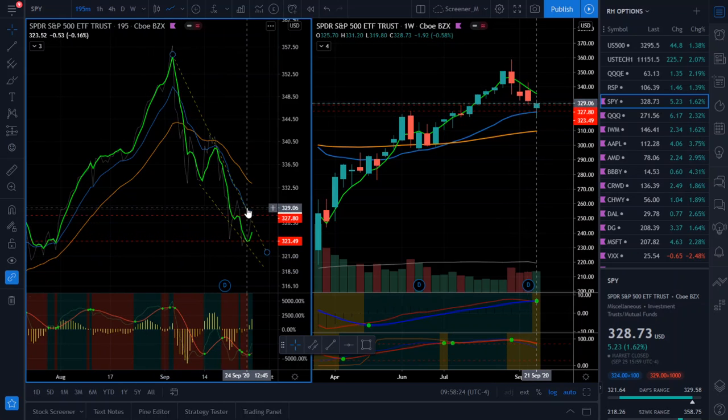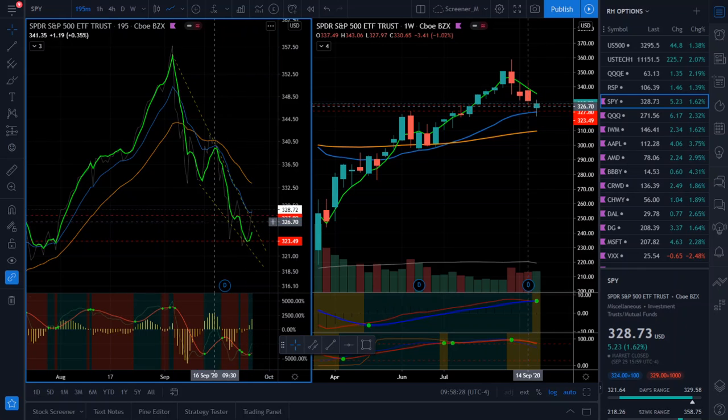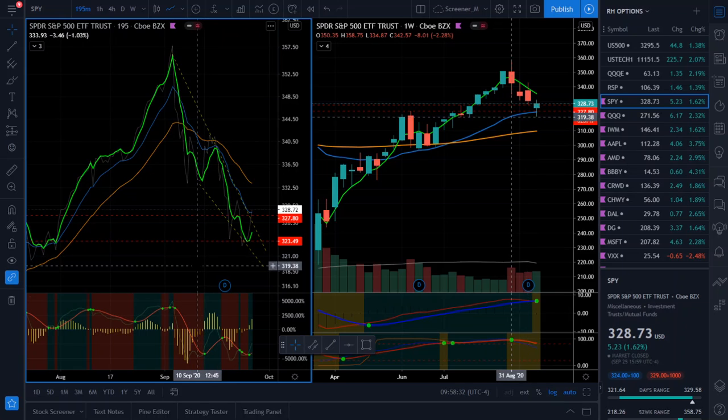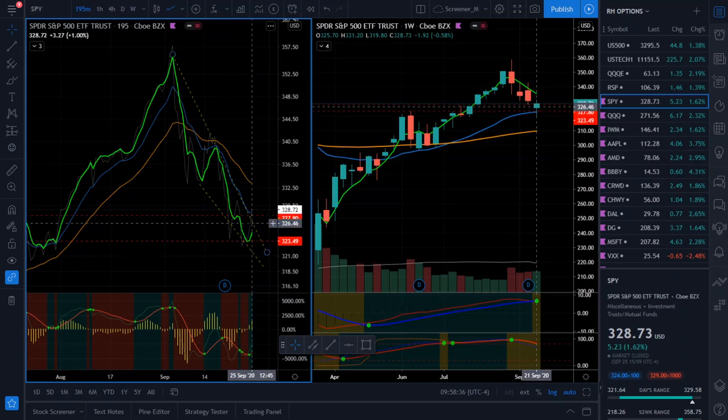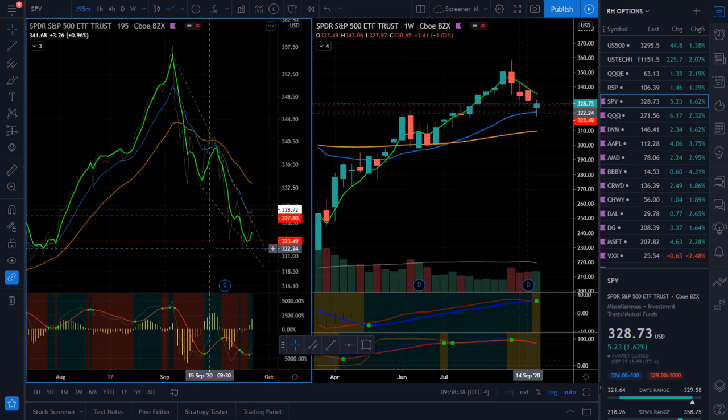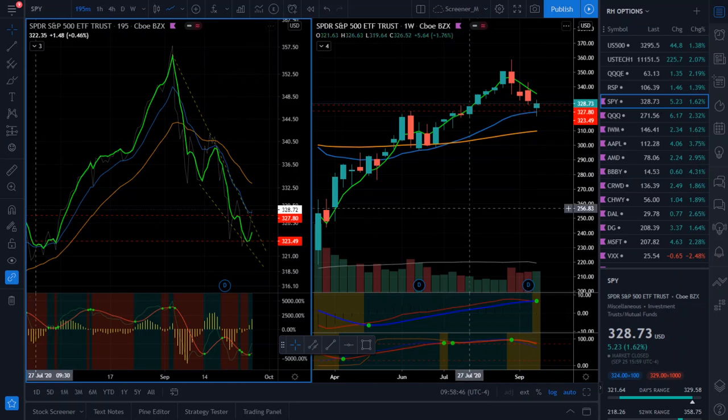Even though the price technically has broken both of these trend and resistance, I'm going to wait for a few days for my zero lag to cross in here. So as of now, I'm just bearish. It looks like it's still in a downtrend. I'm going to wait for a few more days.